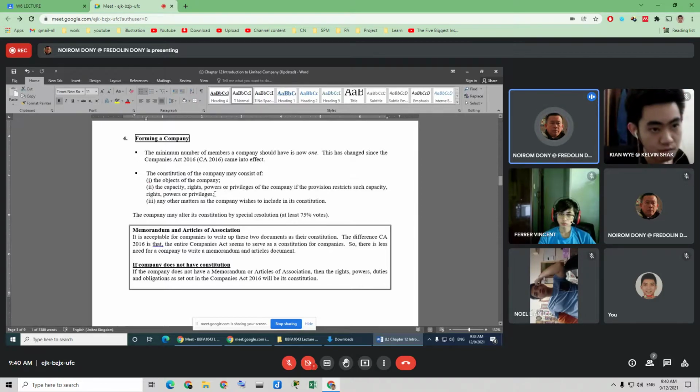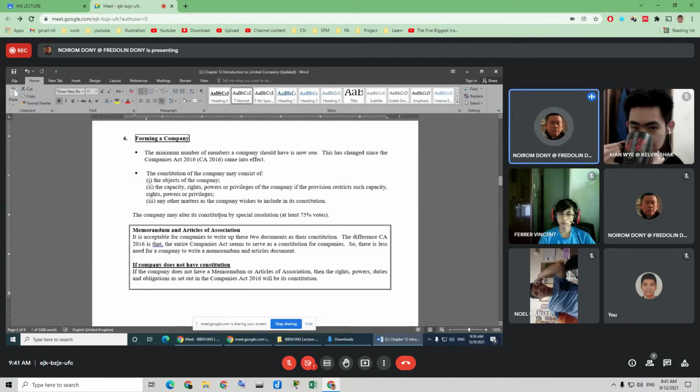If there is no restriction, then you don't have this. It may also include any other matters the company wishes to include. So before we can form a company, you must have the constitution first, which must have the object of the company and any important matters that you should include.